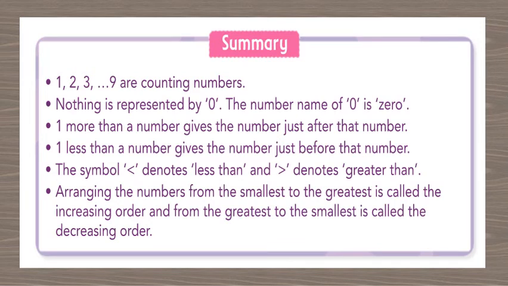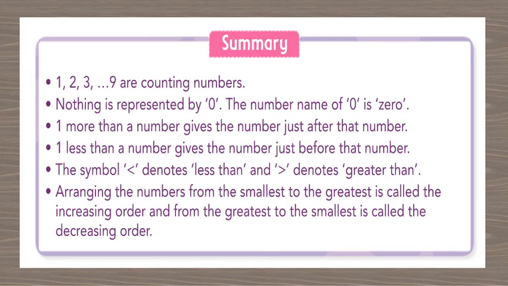So with this, we have completed the chapter number 2, numbers up to 9. So before concluding, we will go through the summary of the chapter, and after that we will solve the questions in revision exercise.